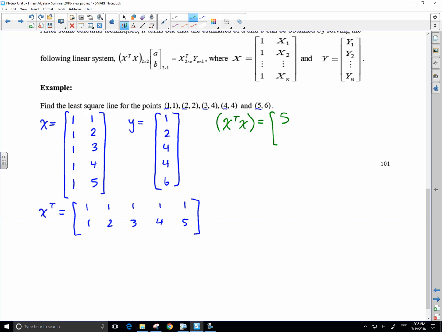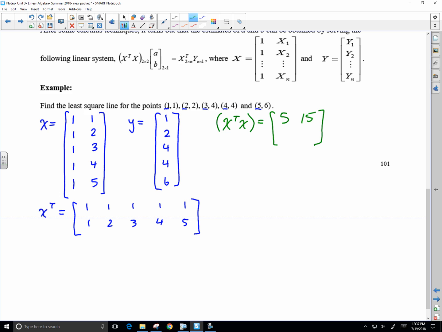So 9, 12, 13, 15. Dot this against this. Okay, that's going to be the same thing, another 15. And then dot this against this. This is the sum one.